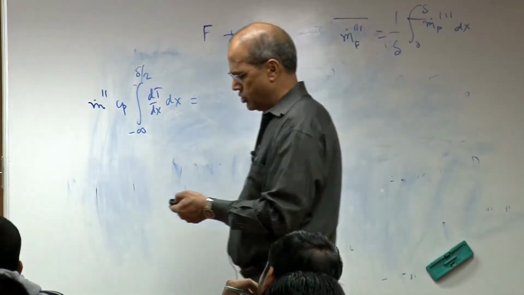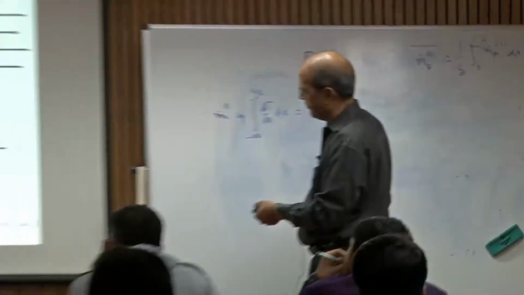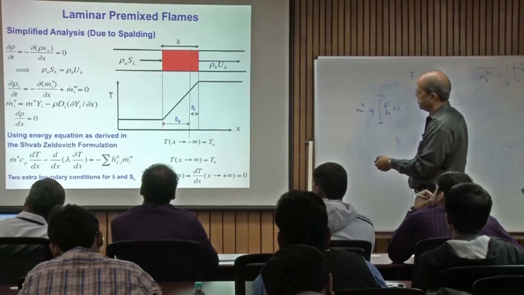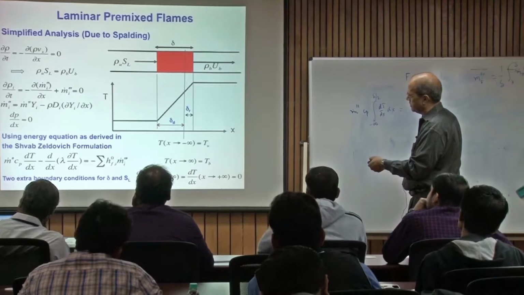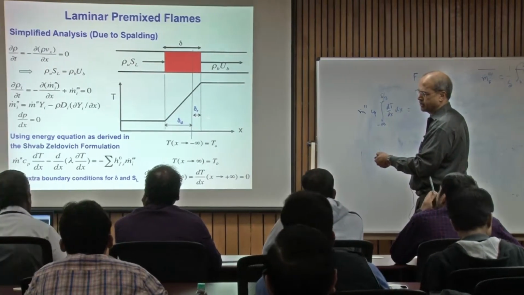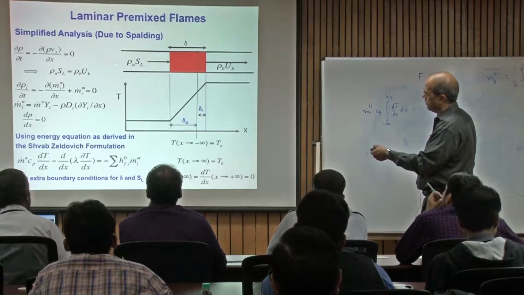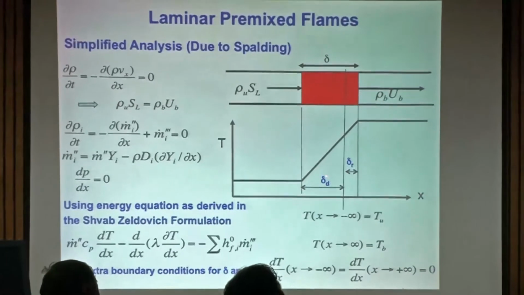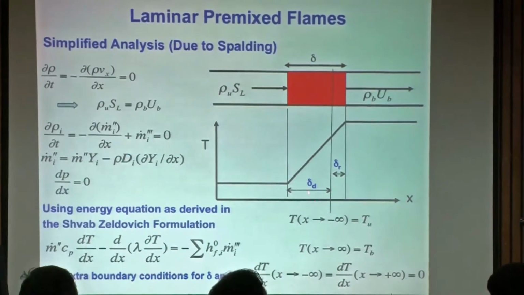Now we also make this assumption that this is the flame thickness. So this is the thermal thickness, and this is the reaction thickness. From minus infinity up to delta over 2, the reaction rate is 0.